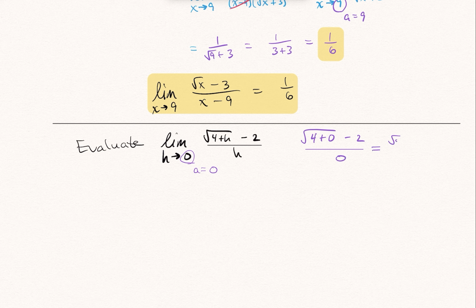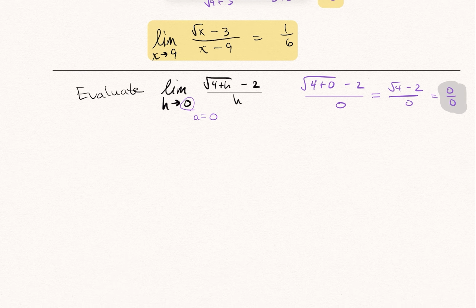So we get square root of 4 minus 2 over 0, which is 0 over 0. We do have the correct structure, 0 over 0. And the radical is present, which tips us off that we should be using conjugates.